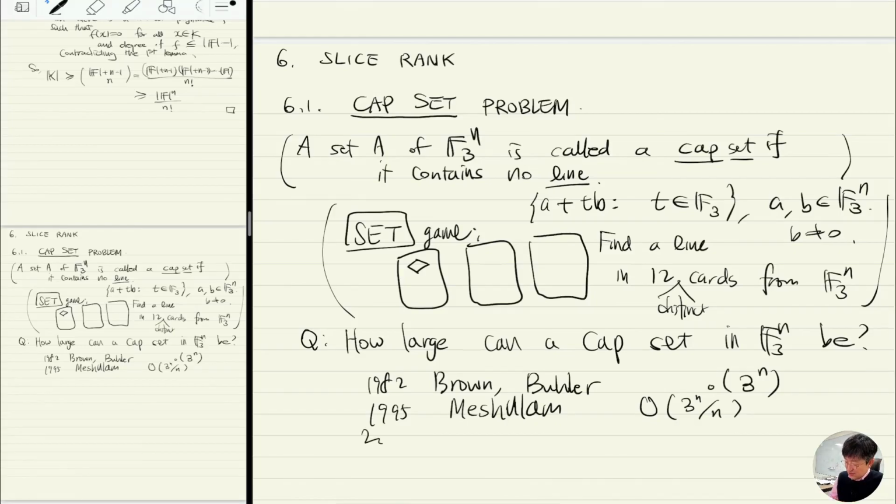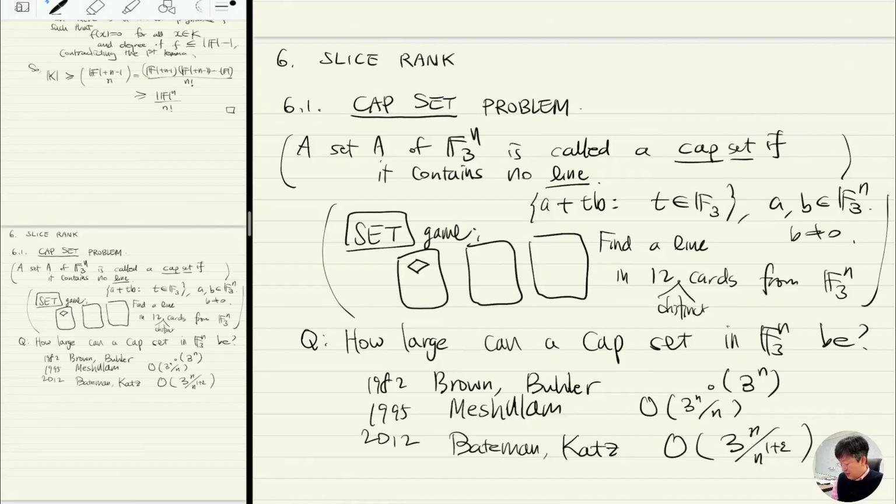And then in 2012, Bateman and Katz at Princeton used a highly sophisticated method to prove that it's at most 3 to the n over n to the 1 plus epsilon.